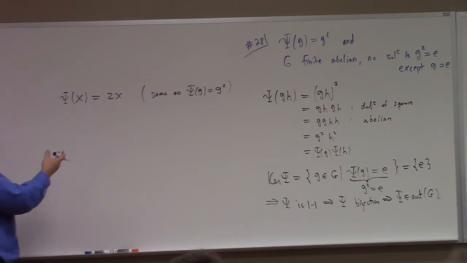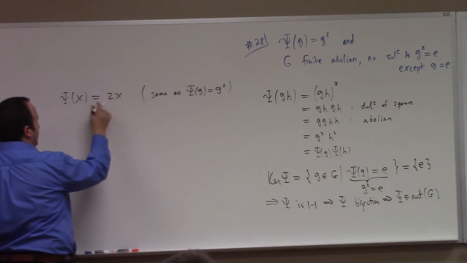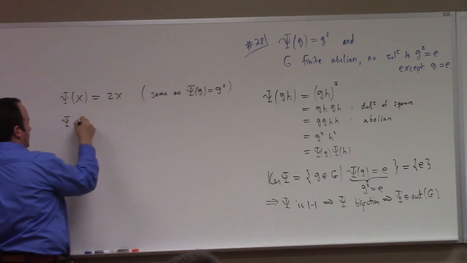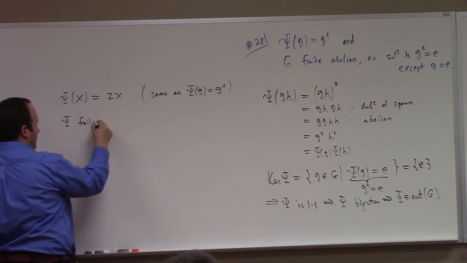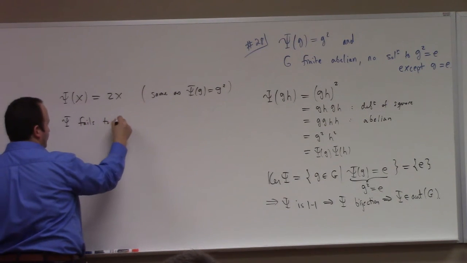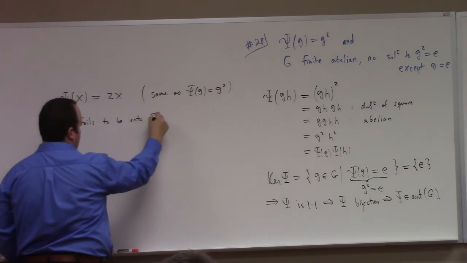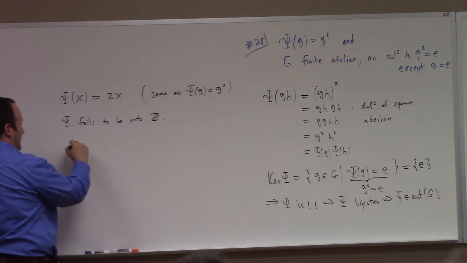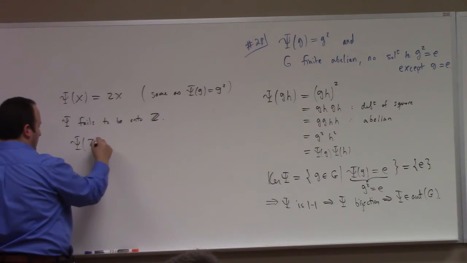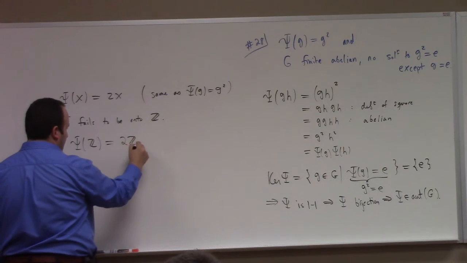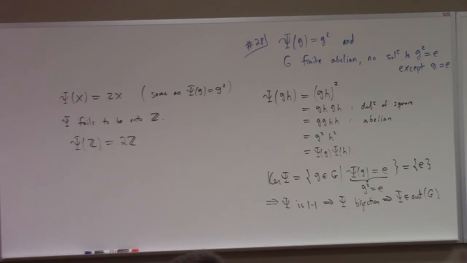So totally agree with you guys that psi fails to be onto Z. Like psi of Z is 2Z. It's just the even integers. It's not the odd integers, so it's not a bijection. Consequently, not an automorphism. It is a homomorphism, though, right?